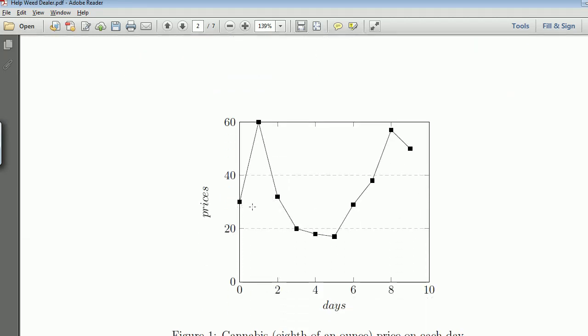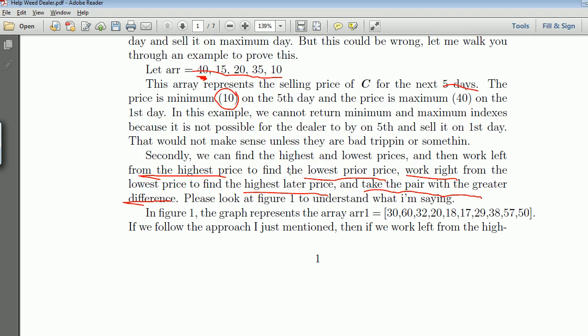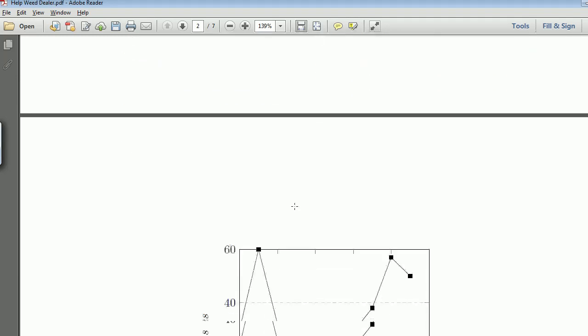So forget about the values here, just observe the graph. By seeing the graph, you would say the lowest price is this, right? Which is on the 5th day, and according to what I said, find the lowest price, then work right from the lowest price to find the highest later price.